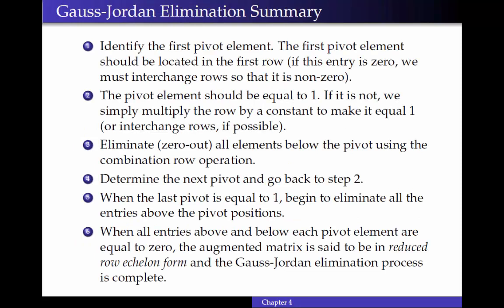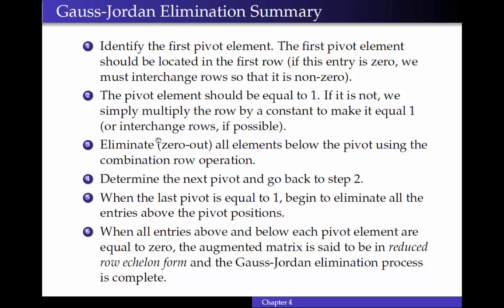So to summarize, in order to perform Gauss-Jordan elimination, we take the same steps that we did in Gaussian elimination, with the added stipulation that the pivot elements should be equal to 1. If they are not, we simply multiply the row by a constant to make them equal to 1, or we interchange rows if that's possible.